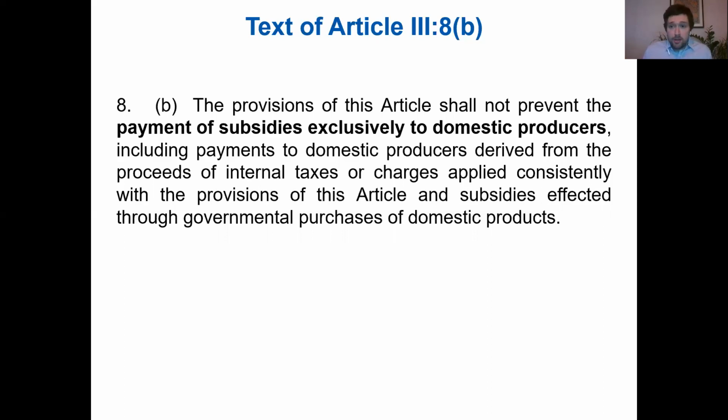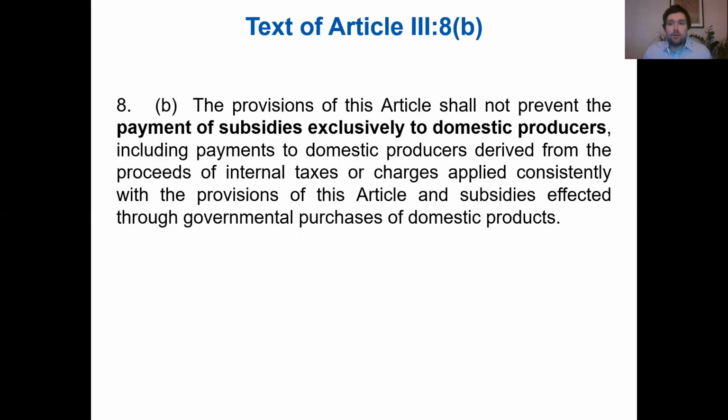Then there is the second part of the provision, which deals with subsidies. And we already recall that it permits some discrimination of foreign producers in the field of subsidization. The provisions of this article shall not prevent the payment of subsidies exclusively to domestic producers, including payments to domestic producers derived from the proceeds of internal taxes or charges applied consistently with the provisions of this article, and subsidies effected through governmental purchases of domestic products.